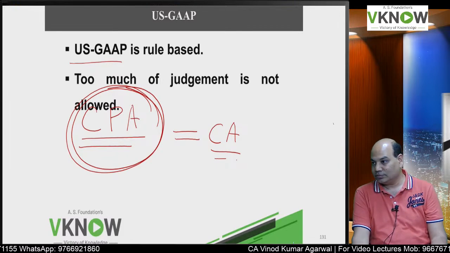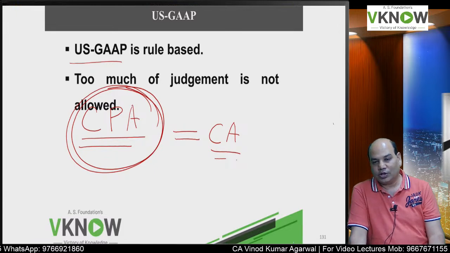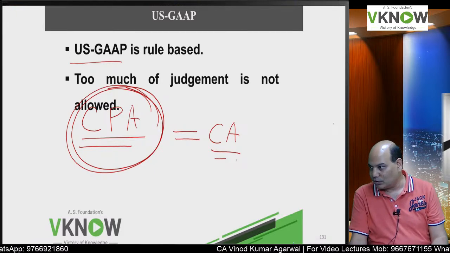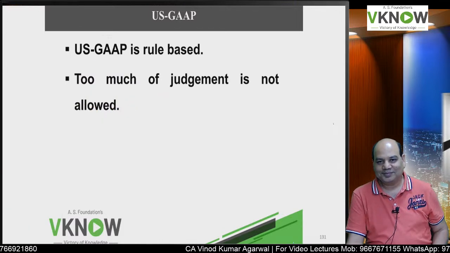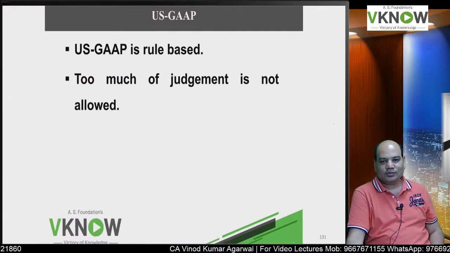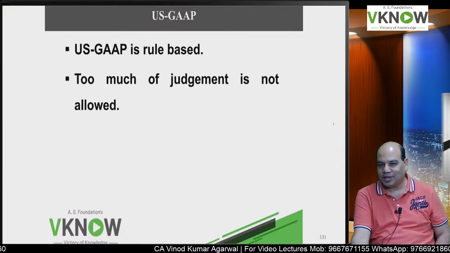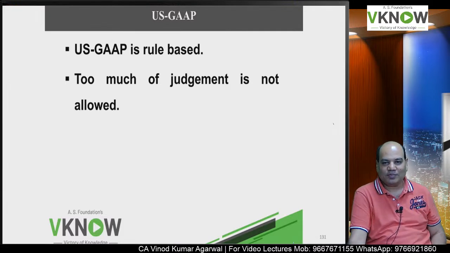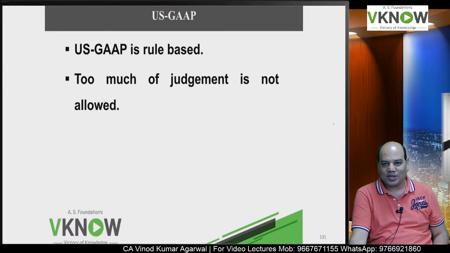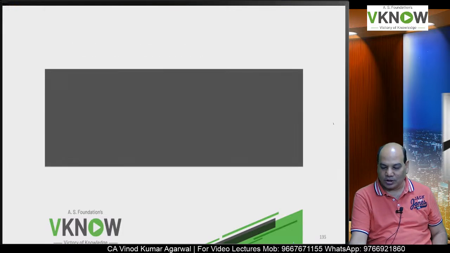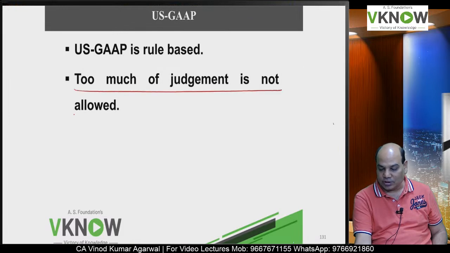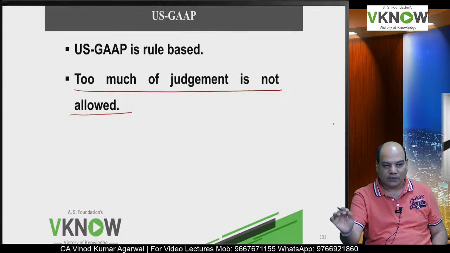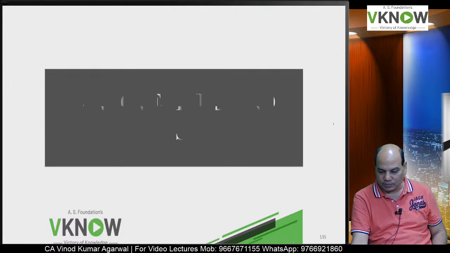First you pass the CA exam and then you can easily crack the CPA exam also, because there are only 4 papers, no articleship, no grouping system, individual 75 marks, and you pass that paper. It requires less judgment because most of the things are defined in the US GAAP.